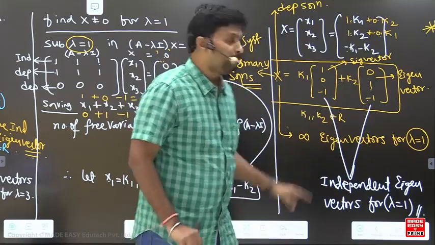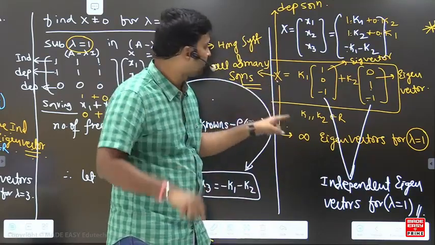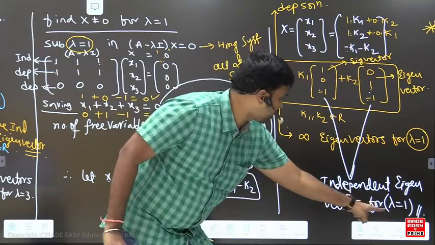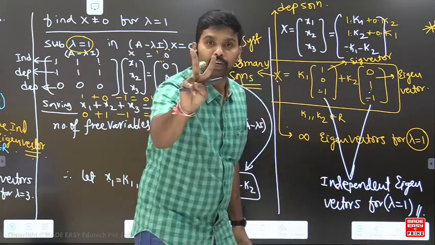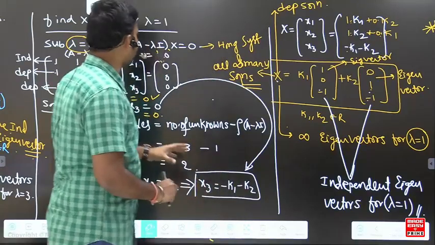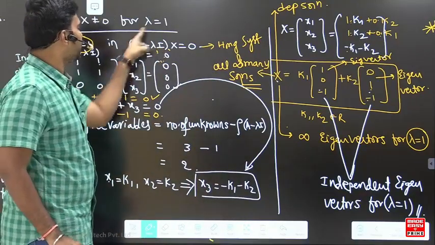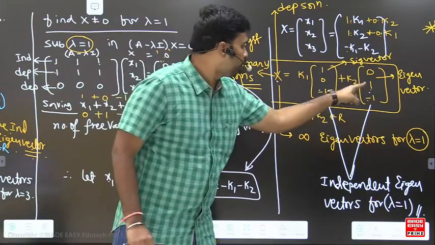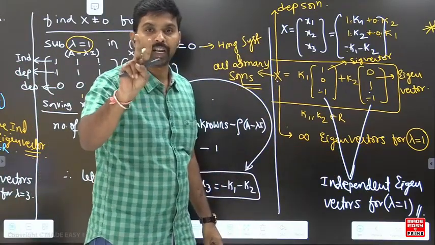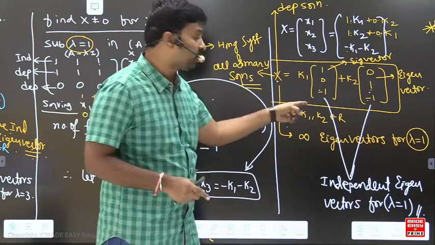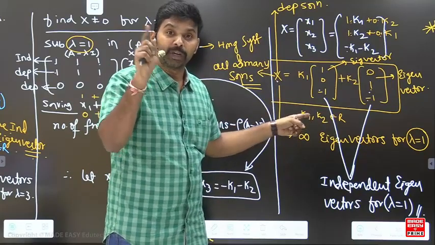So therefore, all these are dependent, only these two are independent. Hence, for lambda is equal to 1, there are only two independent eigenvectors. Or you can also understand, out of the infinitely many solutions of this homogeneous system, we are having only two independent solutions. So nullity is 2. Nullity is 2.